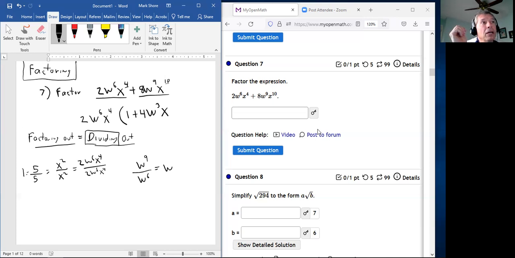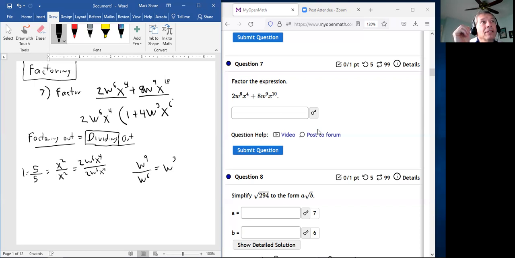We thought w to the 9th over w to the 6th. That's right. So we have 5, there are 2 5s and 10, so 2. So x to the 2nd. Well, let's look at this. How do we get the w to the 3rd? We subtracted. That's 9 minus 6. So now just do 10 minus 4. So it's x to the 6.